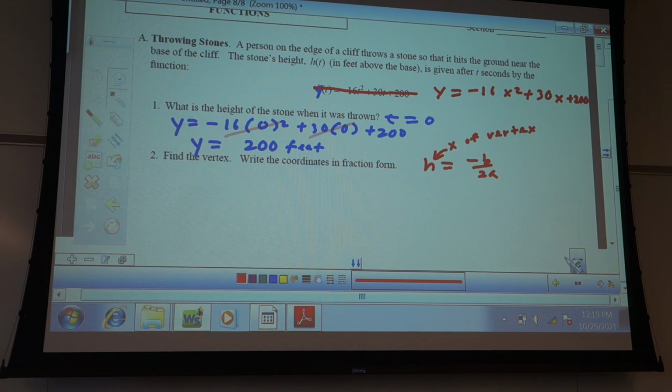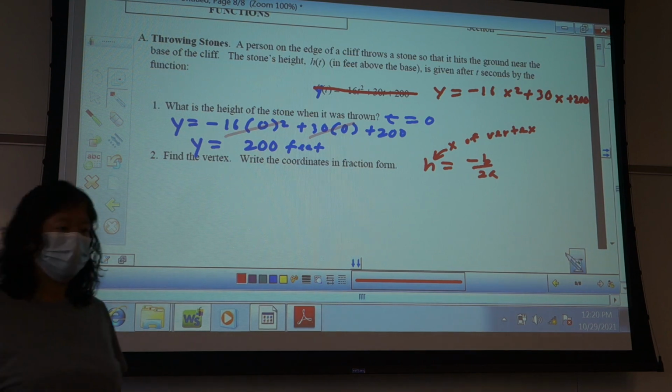Okay, so everybody find your h. Find the vertex, the x for the vertex. Negative b over 2a. What's my b? What's my a?